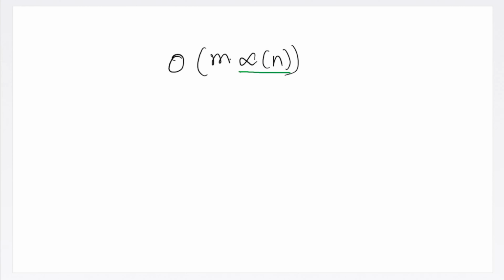Alpha n is a very slowly growing function. In any conceivable application of a disjoint-set data structure, alpha n generally has less than or equal to 4 value. Therefore, we can say that the running time is linear in m. That means we can call this complexity superlinear.